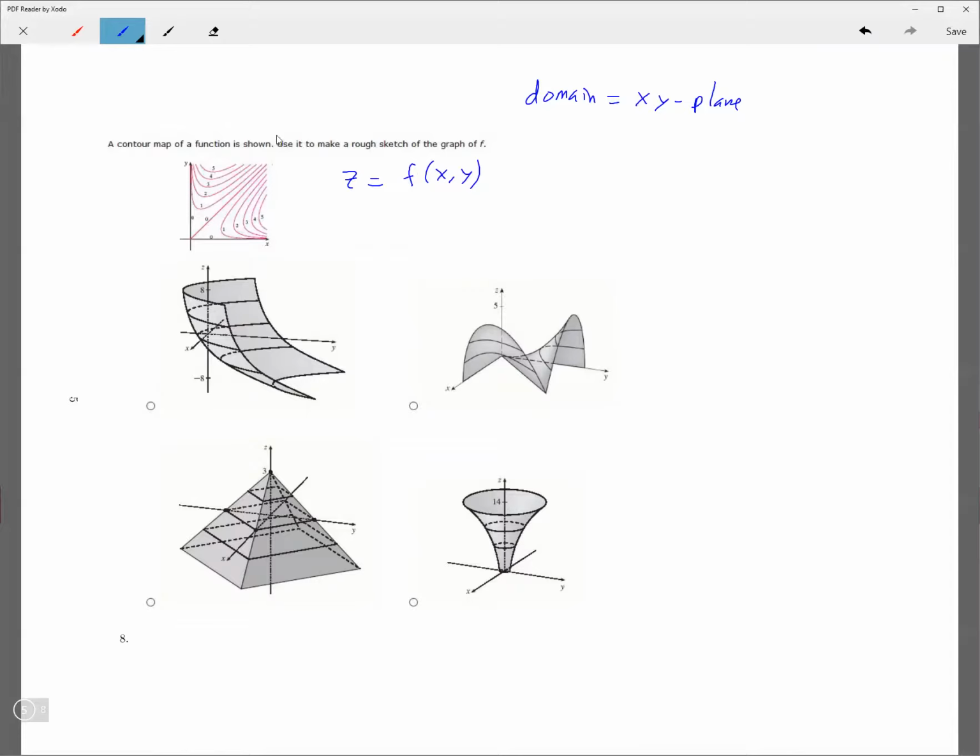In a regular graph, your domain is the x-axis and your range is the y-axis. But here the domain is the whole xy plane, and the range is going up or down. What this 0 means is that everywhere along this line, the function is 0.